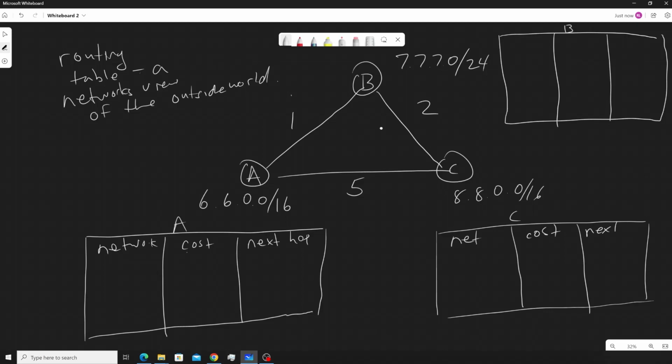That is, the first column is the destination network that you're trying to get to. The second column is how much it costs to get to that network. And the third column is who should I forward the message to in order to get to that destination network.